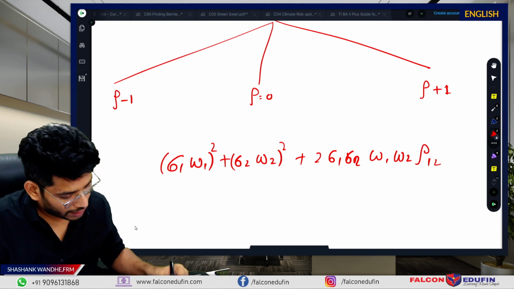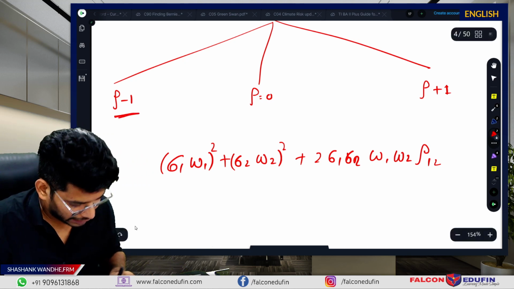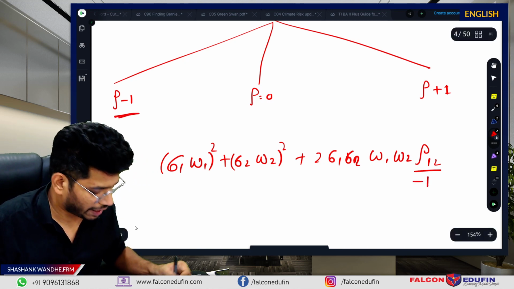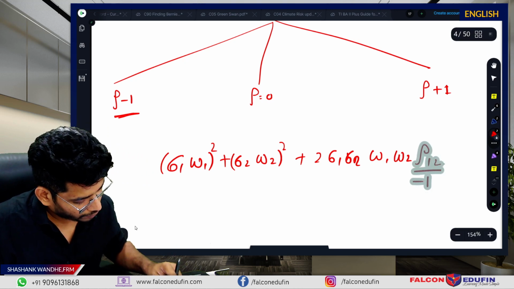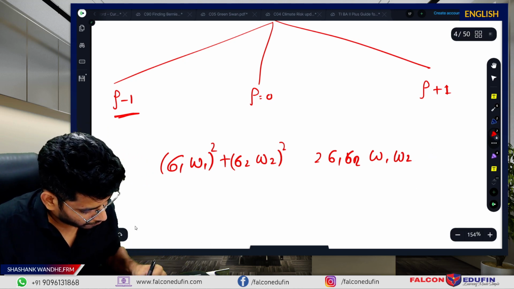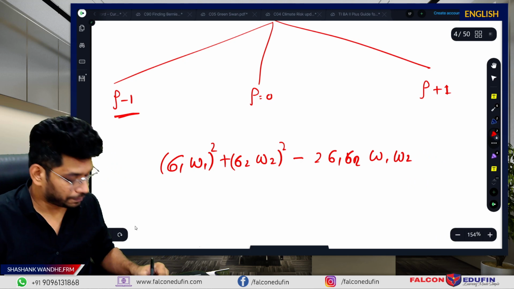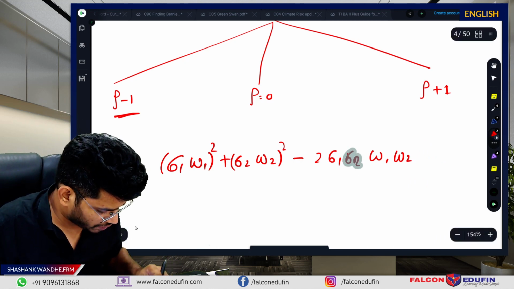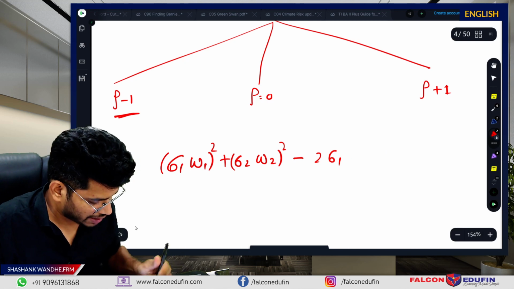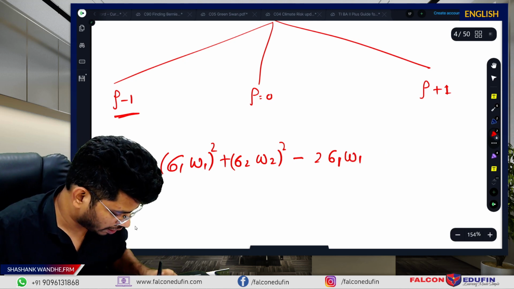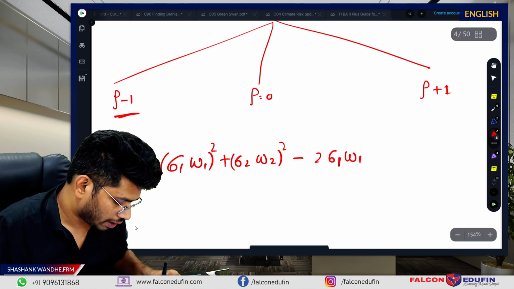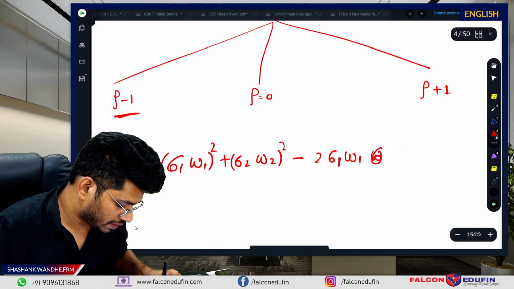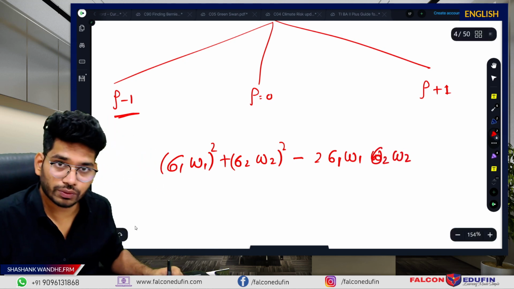If the correlation is perfectly negative, if this is -1, then this whole term will become negative. I can just shift a few terms here and write it like this: sigma 1 W1 multiplied by sigma 2 W2, correct?